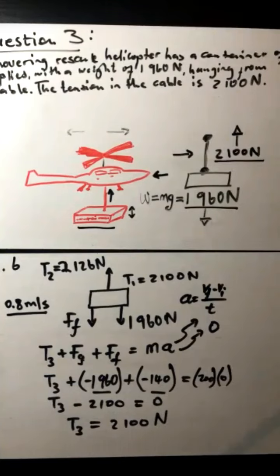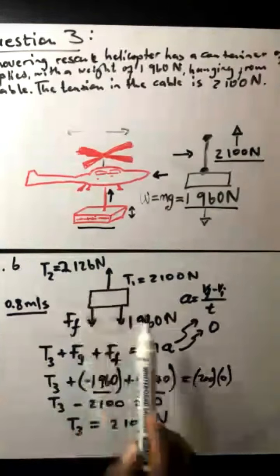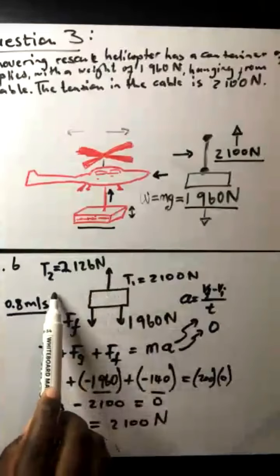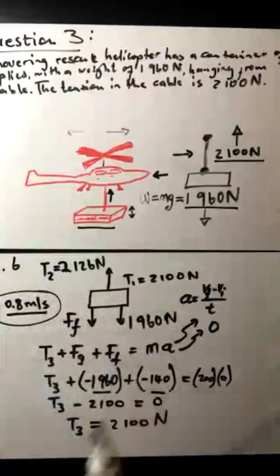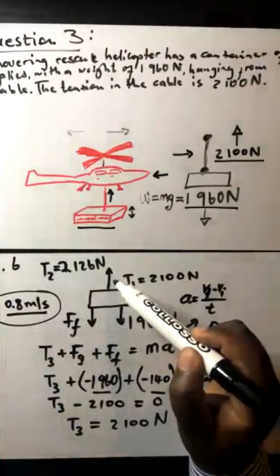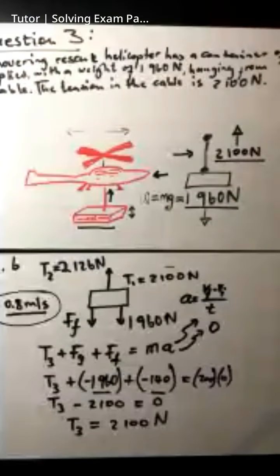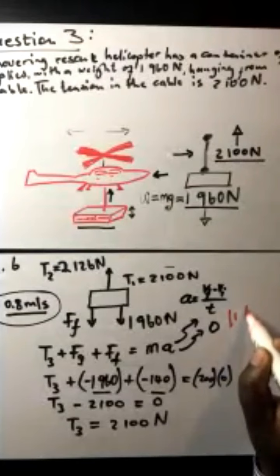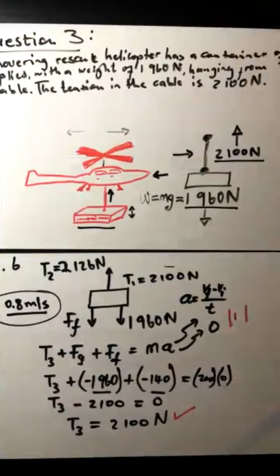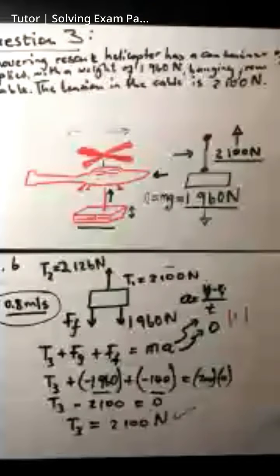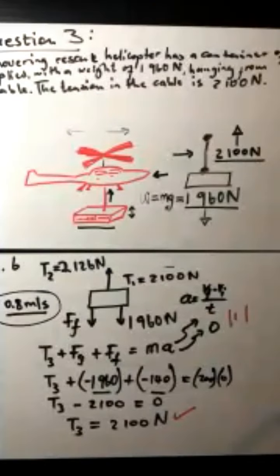So that means when this container moves upwards at that constant velocity, the tension in the cable is that same value over there, which is 2,100. And this question was allocated only 1 mark. So you are going to get a mark for the final answer. But I had to show you by means of calculation how your final answer is 2,100. Ladies and gentlemen, I'm not sure if that makes any sense.